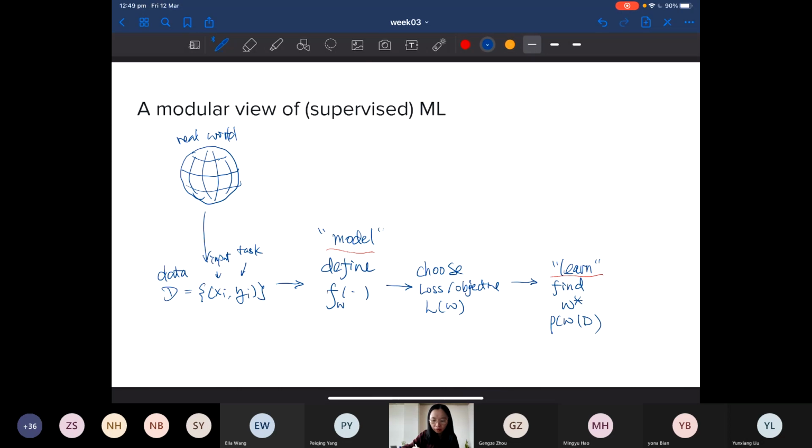Let's see, green pen, is that the real world didn't just give us data for learning and training.